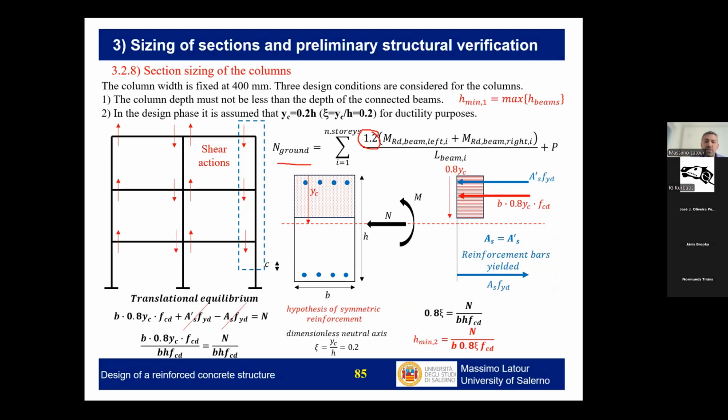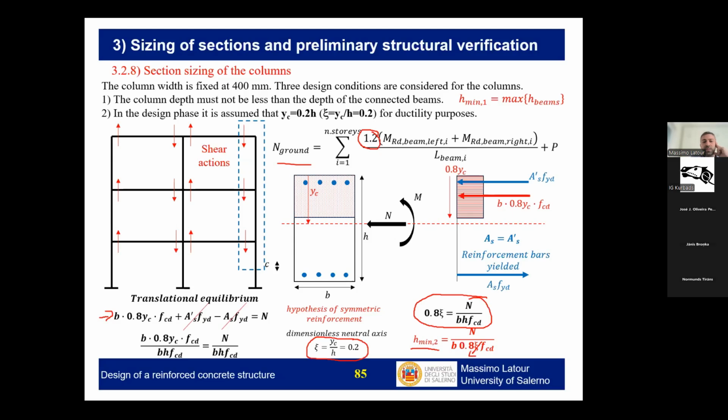Basically, as I said, the column, especially at the base, needs to be sufficiently ductile. Therefore, it is necessary that the neutral axis is limited again. If we write simply translational equilibrium and consider symmetric bars in the columns, we can get this very simple equation for the design of the column, and this very simple equation to define the height of the column.